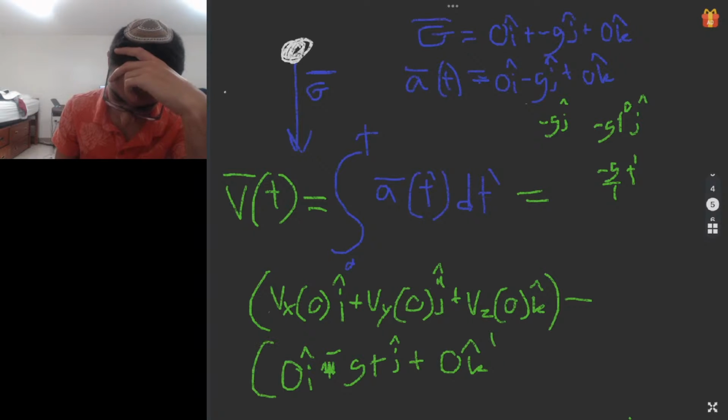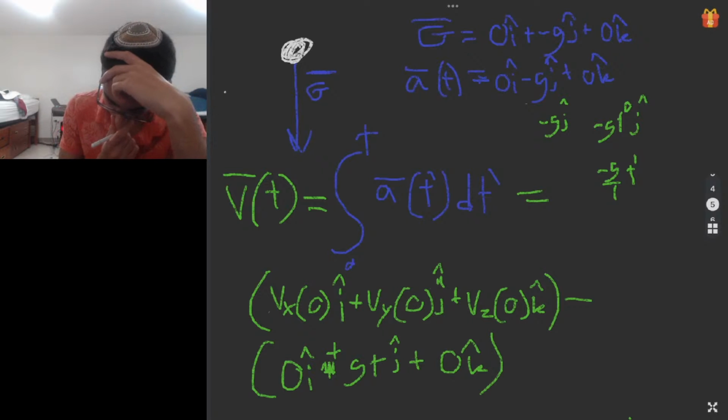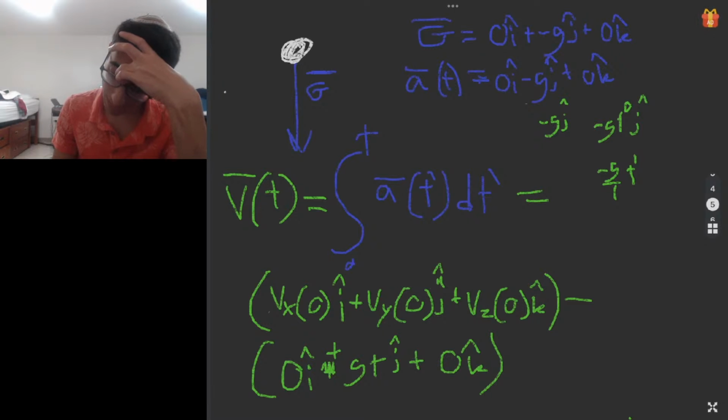Okay, so it's that whole thing minus this whole thing. But if it's minus, then this will become a plus, and I don't want this to become a plus. If it's minus this vector minus that vector, whatever v y was at time 0 plus gt, but I don't want it to be plus.